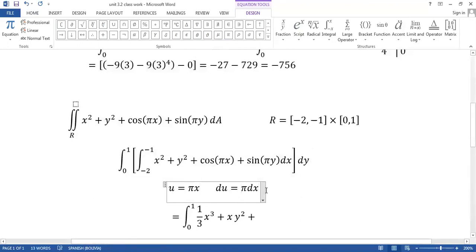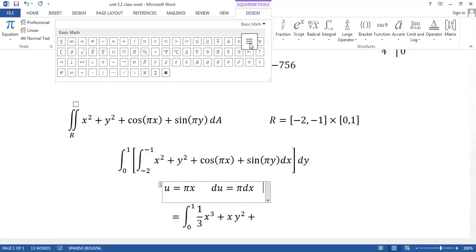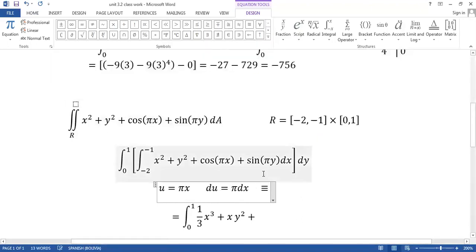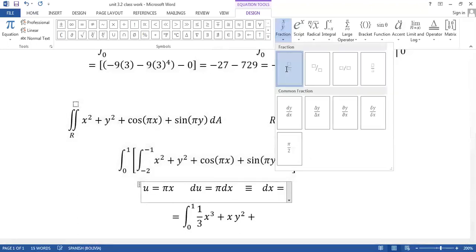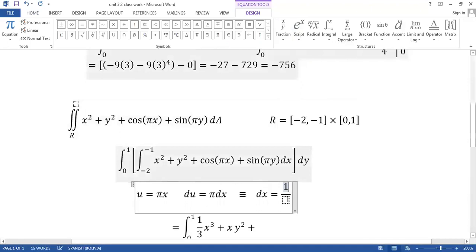And technically dx becomes, all right, equivalent to saying dx is equal to 1 over pi du.